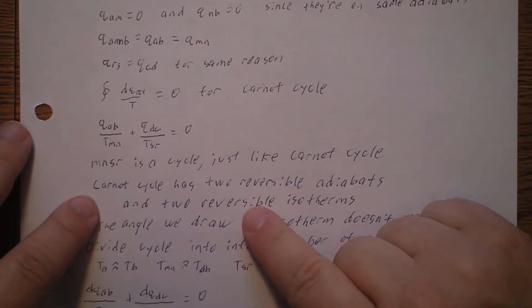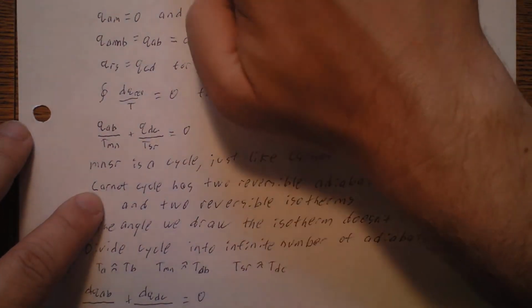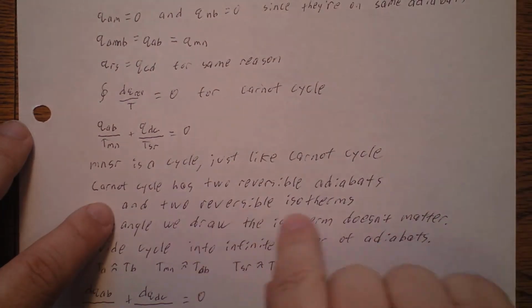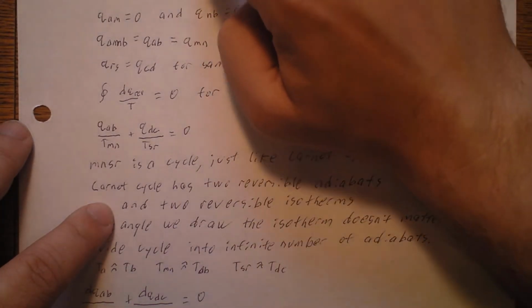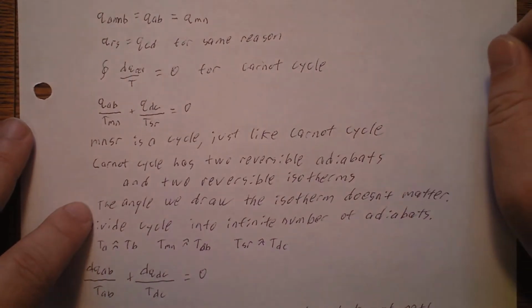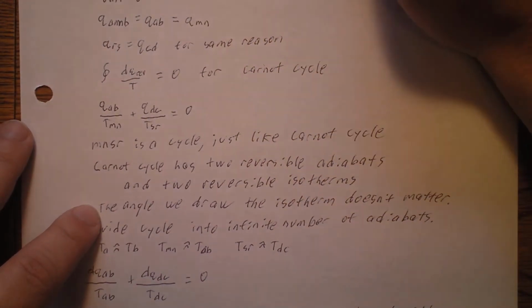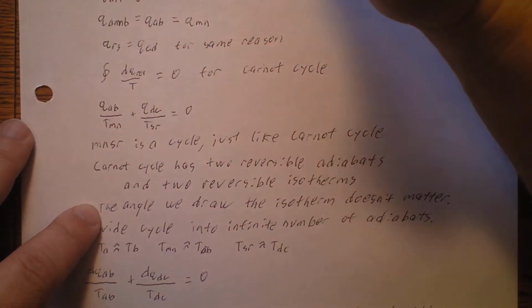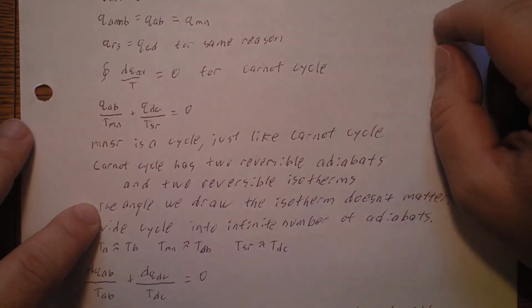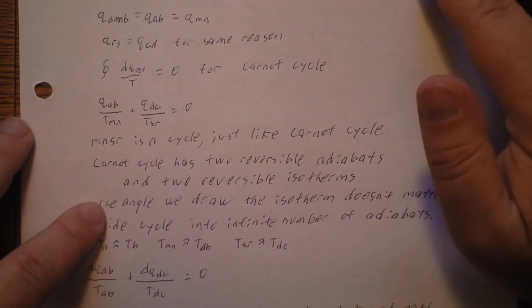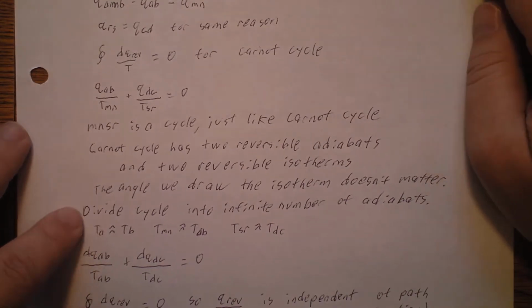So remember, the Carnot cycle is two reversible adiabats, that's the dotted lines, and two reversible isotherms, that's MN and RS. Now, how we draw it exactly doesn't matter. I mean, it could be like this, like this. Our scale isn't very pretty. I don't think it's actually a straight line anyway, but whatever.